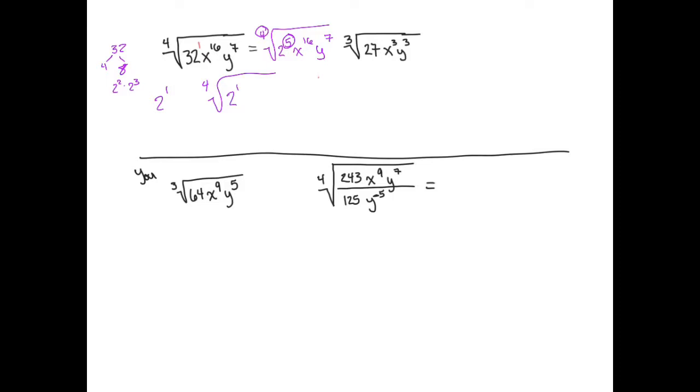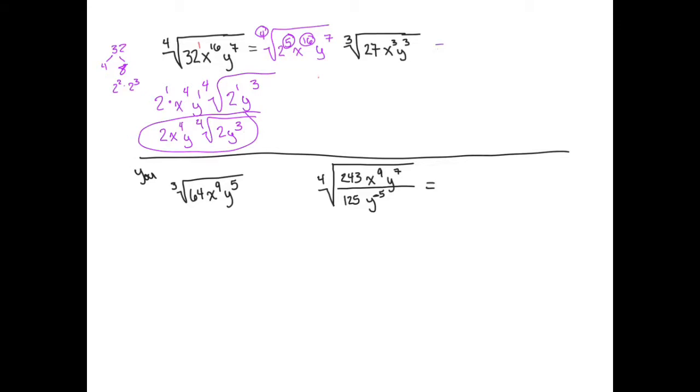Then 16 divided by 4 is 4 with 0 remainder, so x isn't going to go inside of the radical. 7 divided by 4 gives us 1 with a remainder of 3. So this simplifies to 2x to the 4th y times the 4th root of 2y cubed.